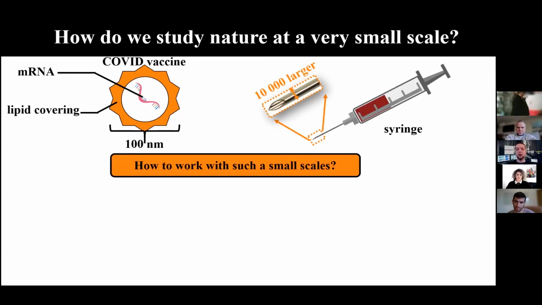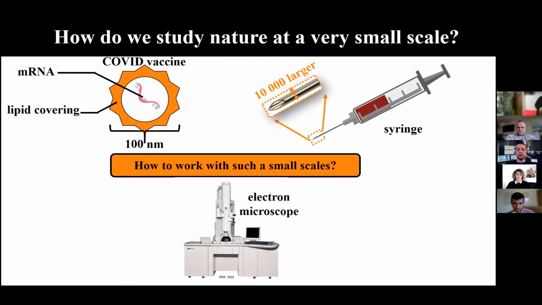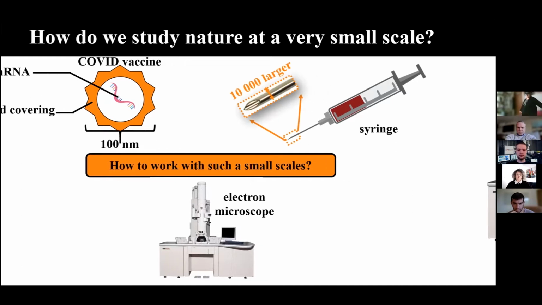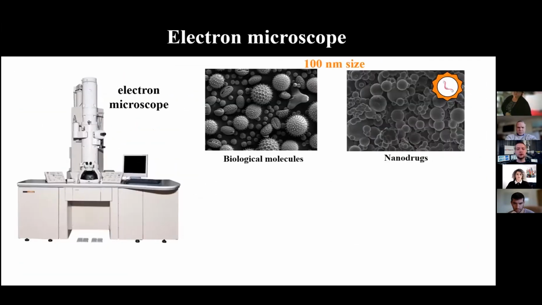But how are people able to construct and to image at such small scales? One possible way to go into such a small scale is an electron microscope. An electron microscope can image small biological molecules, viruses and bacteria, helping to investigate their nature. As I mentioned before, it helps to image and design nanodrugs, such as the COVID vaccine.